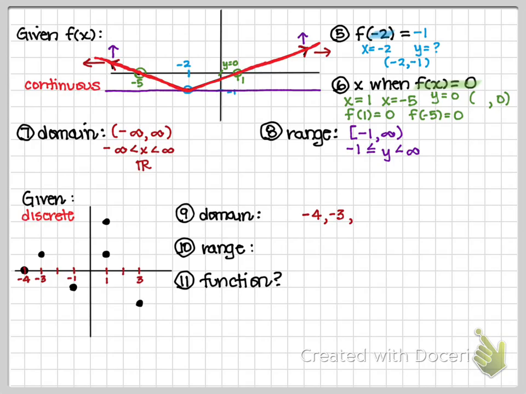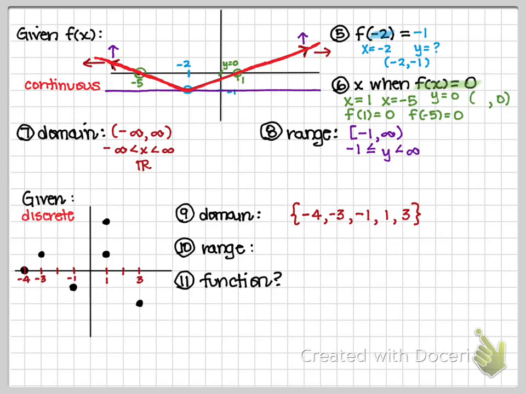You actually have to list them. -1, 1, 3. There's no decimals, no fractions, no nothing. You can't say, oh, it begins here and it ends there. That's not true. The way that we do this when we describe domain specifically, if it's discrete, is it's a list and then you put the little curly braces around it. That's domain.